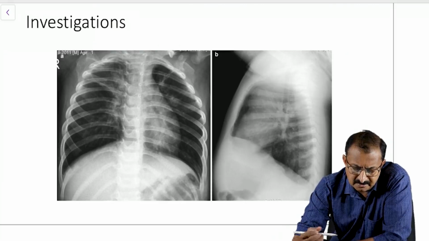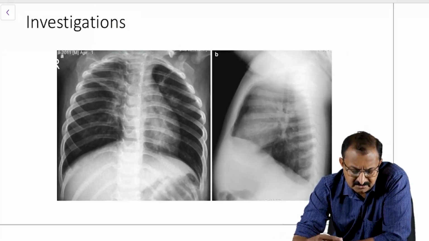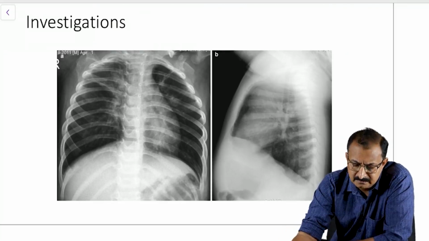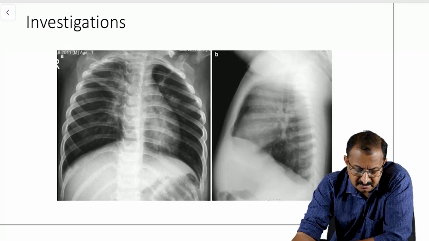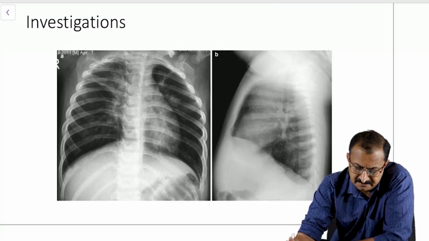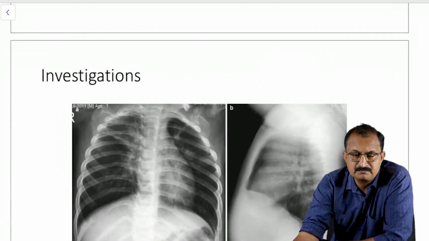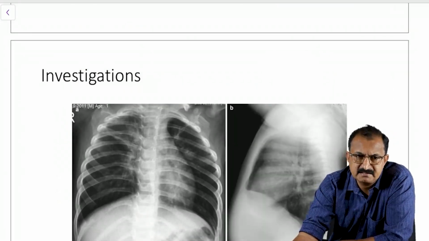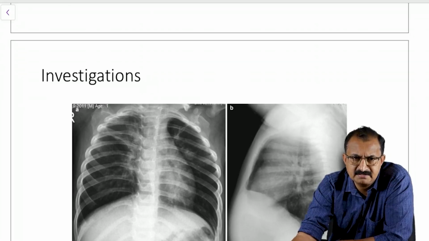So you can count the ribs. The anterior part of the ribs, usually the fifth rib in the midclavicular line will correspond to the liver. Here it is the seventh rib, which shows there is hyperinflation. So that is the case of bronchiolitis. The management and all we have already discussed in the initial part.